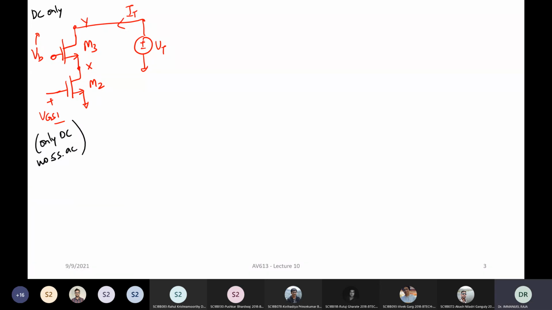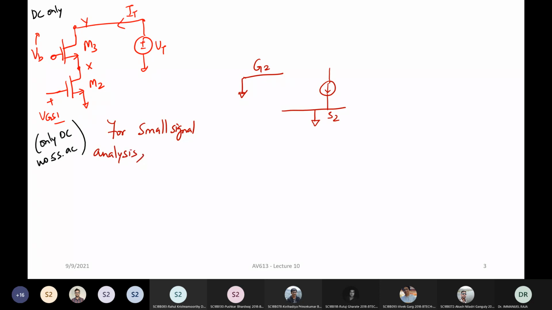Okay, let us go and build our small signal model. We had already done that. This is the gate of transistor 2, and I am grounding it. This is source 2, which is also grounded. For small signal analysis, what we do is set all DC sources to 0.